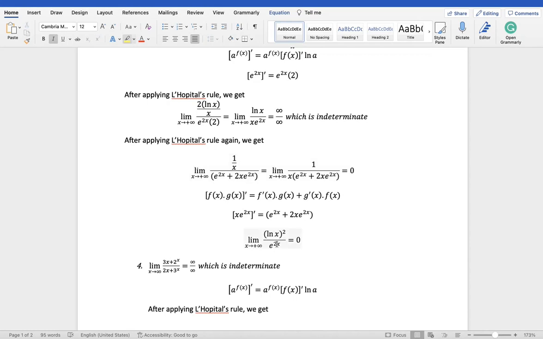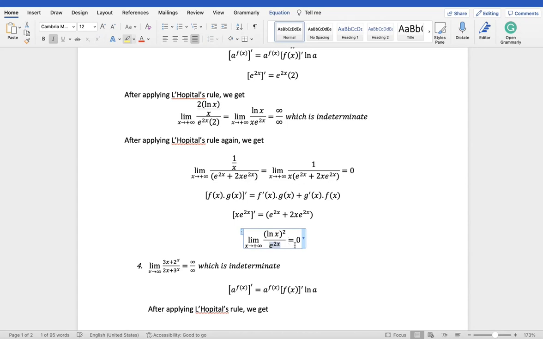But you could already sort of tell that as you apply higher and higher values of x, if you plot the graph of ln of x and you plot the graph of e to the 2x, e to the 2x will be significantly higher than ln x, right? So as you go higher and higher in values of x, you'll see that ln of x will be significantly smaller than e to the 2x, right?